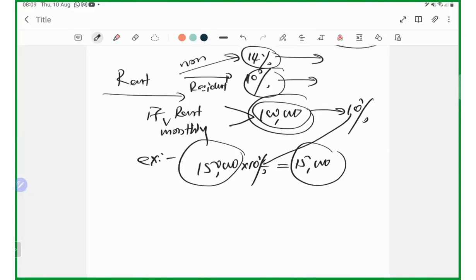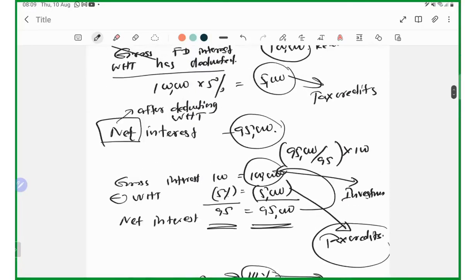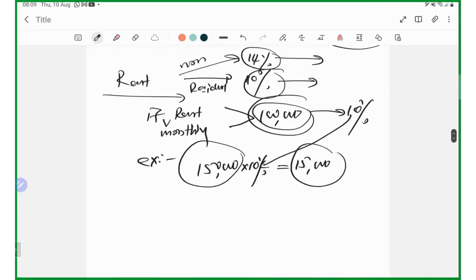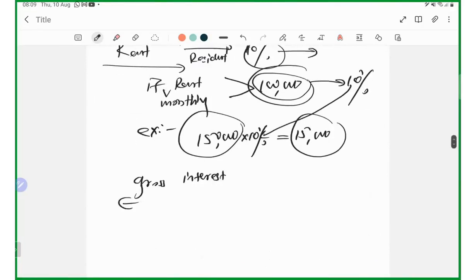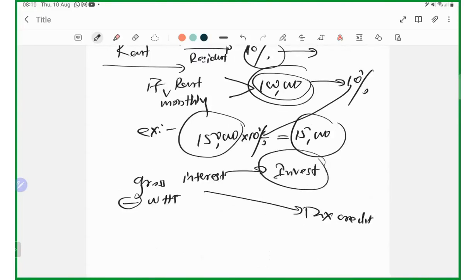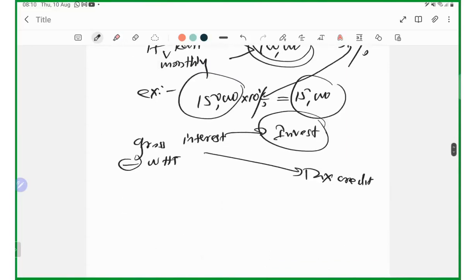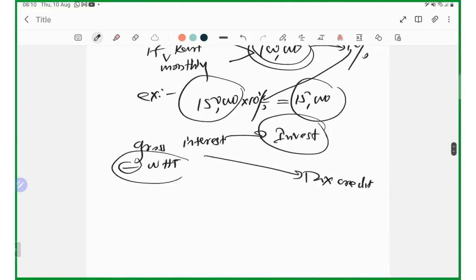So in this case also, same as interest, as an investment income, you have to take gross rent. The paid withholding tax you can take as tax credit. So keep in mind, very important, this deducted withholding tax you can take as a tax credit.